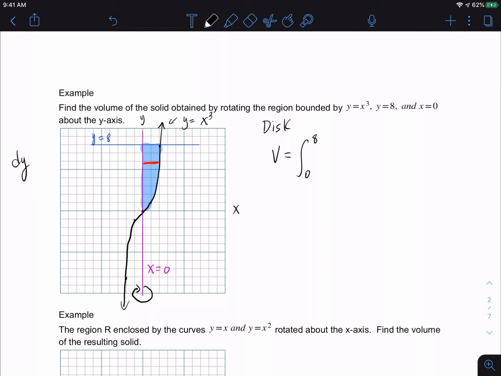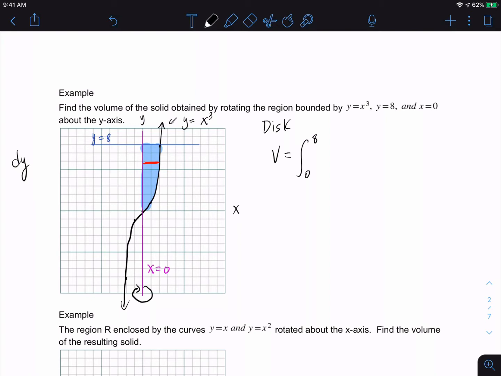Okay? Interestingly enough, and I'm not going to do it, but if I were to rotate about the x-axis, then it would have been a dx. And the volume isn't the same, which is interesting, because the thicker slice of it is traveling a much greater distance because the radius is so much bigger. I can do it after for you guys, but we're in a dy because my cross-sectional slice is crossing the y-axis, right?